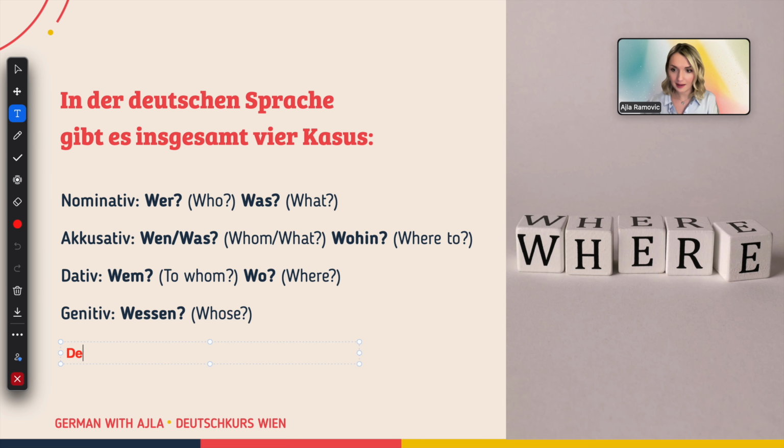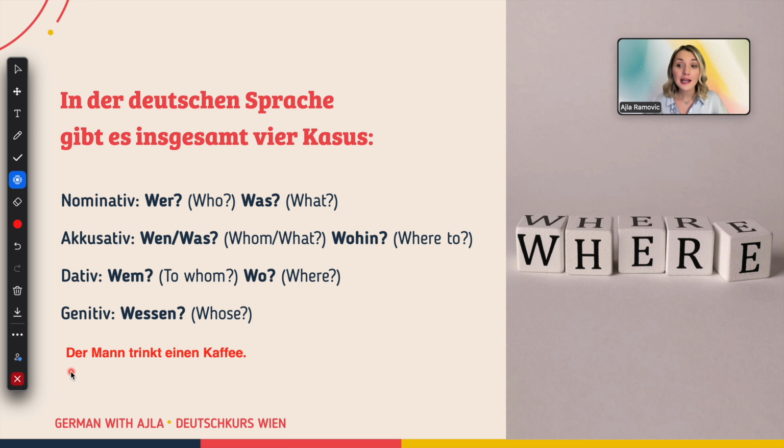Let's say, der Mann trinkt einen Kaffee. The man is drinking a coffee. Der Mann trinkt einen Kaffee. Let's look at the elements of the sentence, starting off with der Mann, the man.